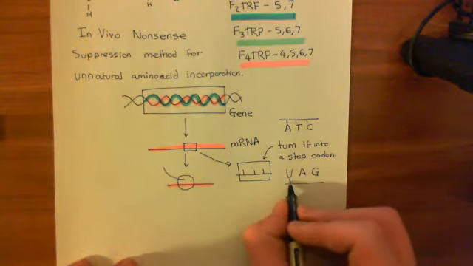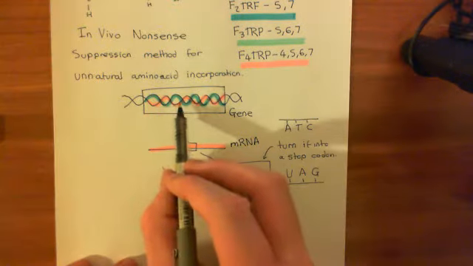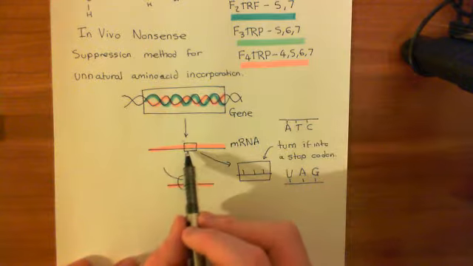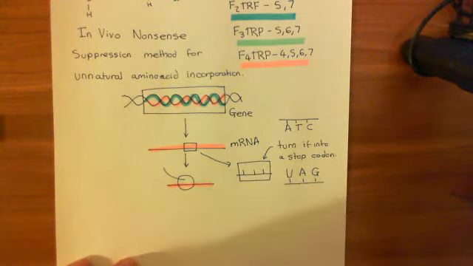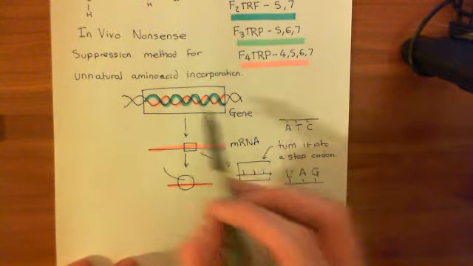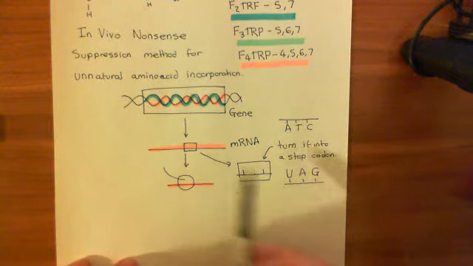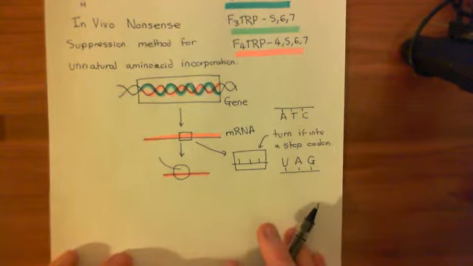Okay, so we will alter that triplet of organic bases which corresponds to this codon which is making our desired tryptophan, and we will alter it to ATC so that we then get a stop codon here and the protein is going to be prematurely stopped.